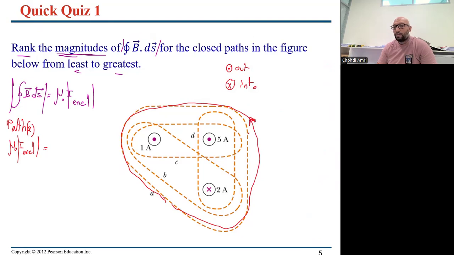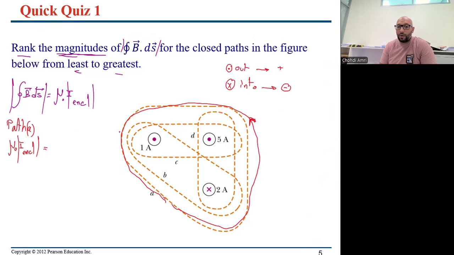If we choose the positive direction counterclockwise, then to get the positive current, curl your fingers in the direction of the path, and the positive current points outward in the direction of the thumb. So in this case, out of the page will be considered positive current, and into the page will be considered negative.